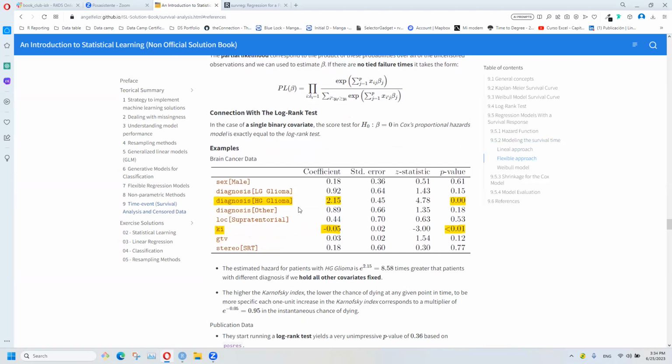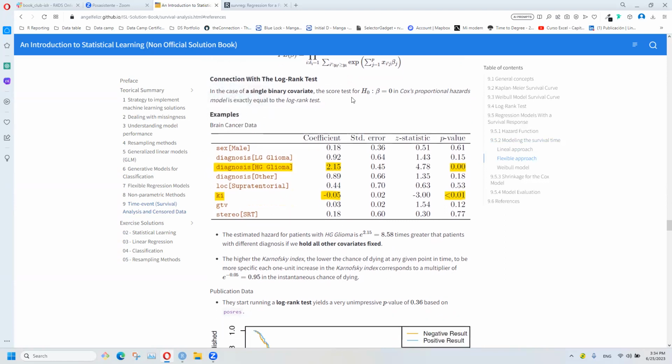In the example of our brain cancer data, we can see a table of coefficients. We have a standard error, a z-score, and p-values, thanks to the log-rank test, as they create test statistics, so we can make inference based on that.